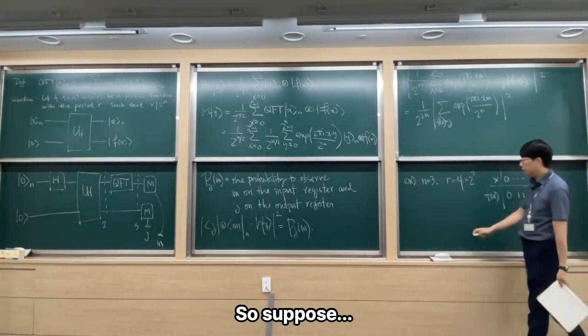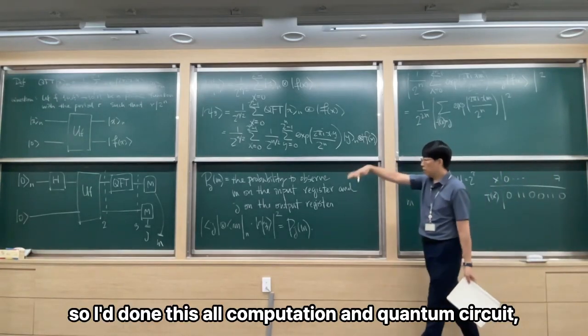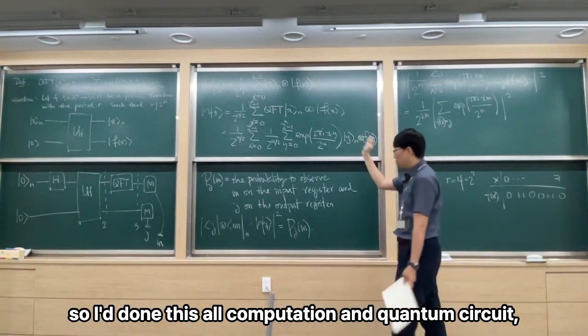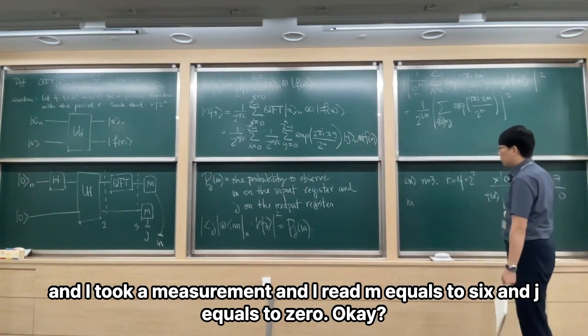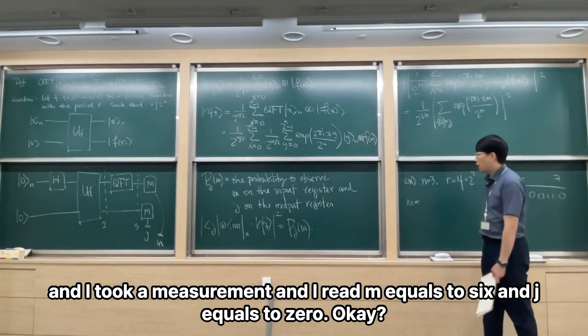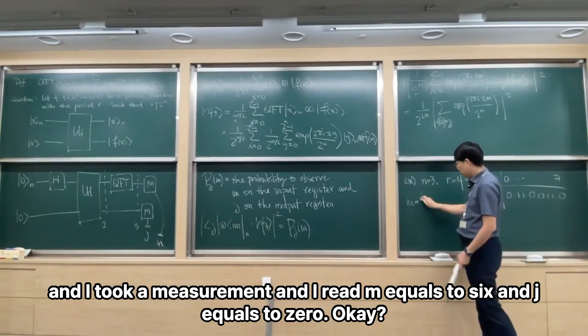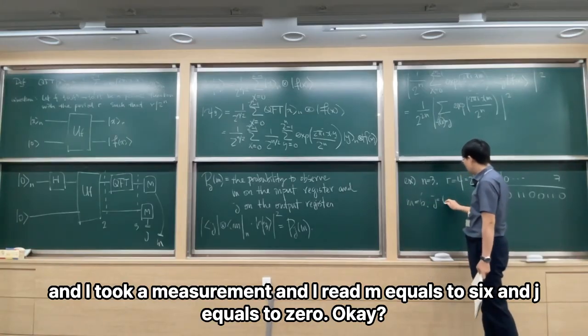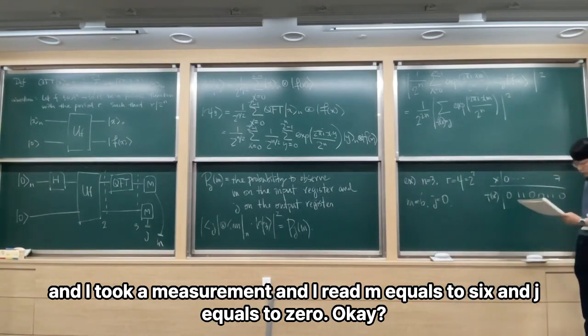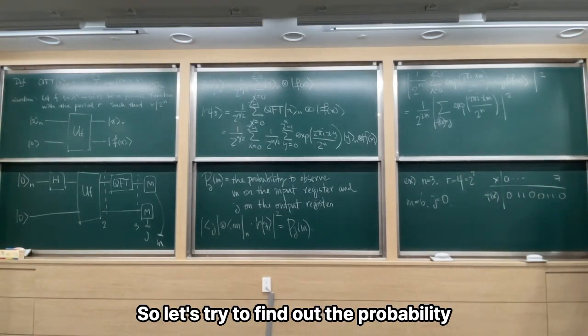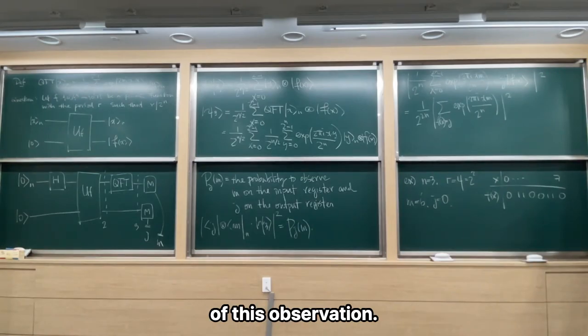Suppose I've done this whole computation in a quantum circuit, and I took a measurement, and I read m equals 6 and j equals 0. So let's try to find out the probability of this observation. Okay, so I'm going to plug that in here.